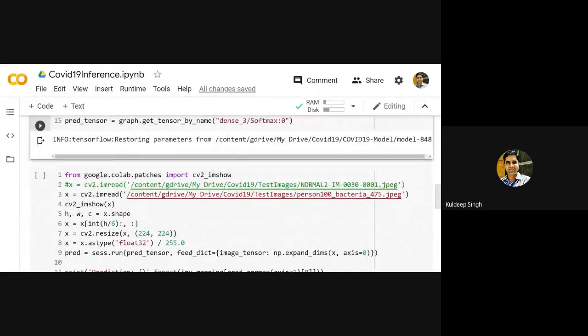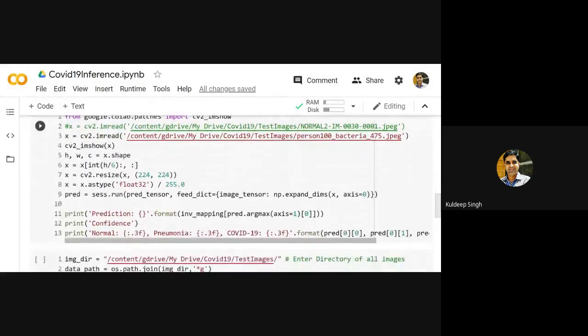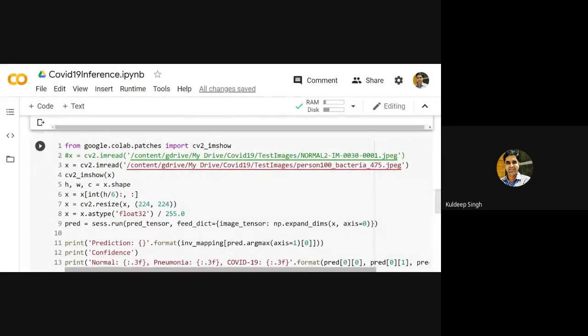So once the parameters are restored, now what I will do is, I will read an image in that particular folder, the test image folder. You can see the path, content, gdrive, my drive, COVID-19, test images, and that's the name of the file. Once it is read, I'll show how it looks.